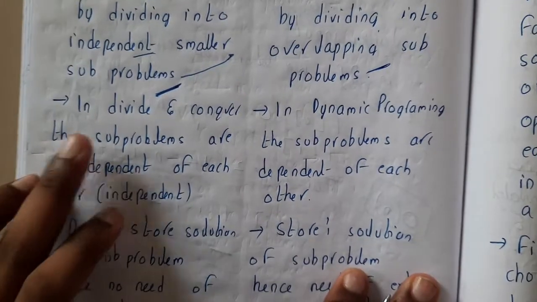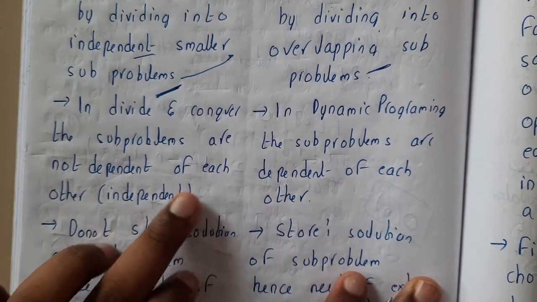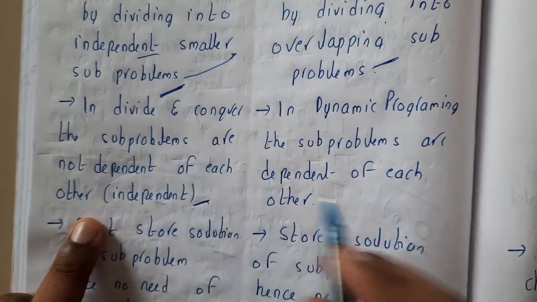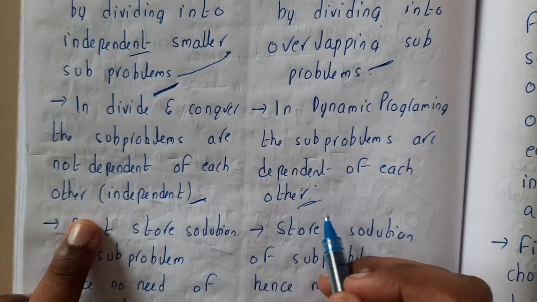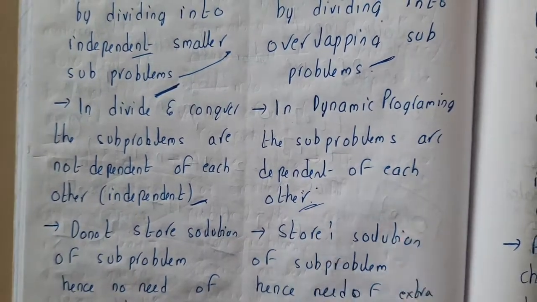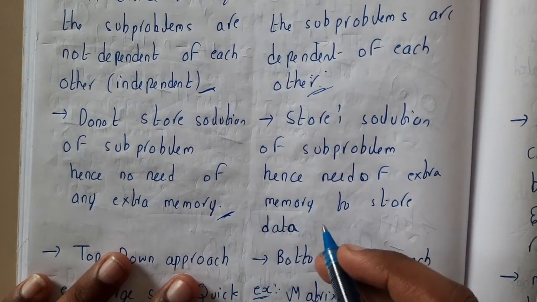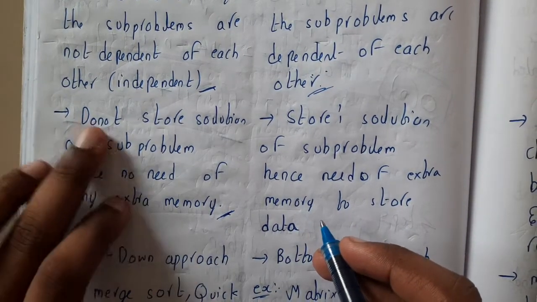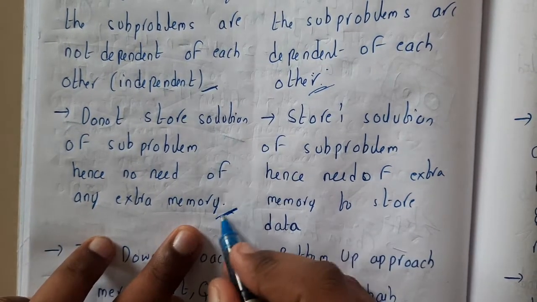In divide and conquer, the sub problems are not dependent on each other, that is, they are independent. That's what I have just told you. In dynamic programming, the sub problems are dependent on each other, so there is some relation between them. In divide and conquer we don't store the solutions of sub problems, hence no extra storage is needed.